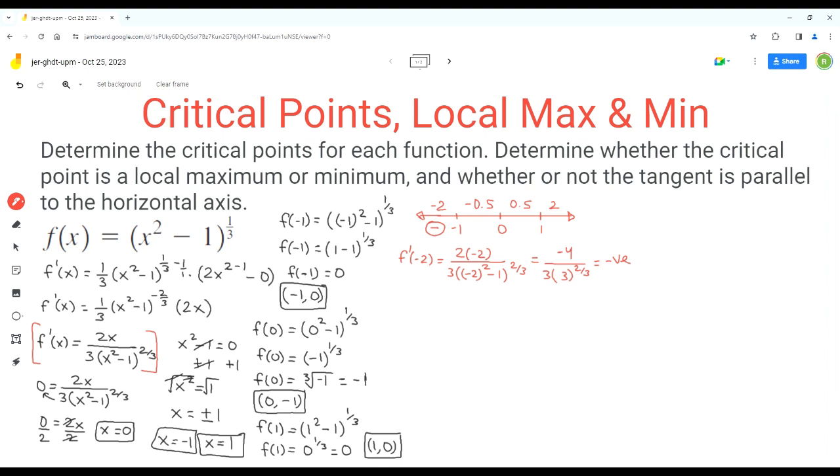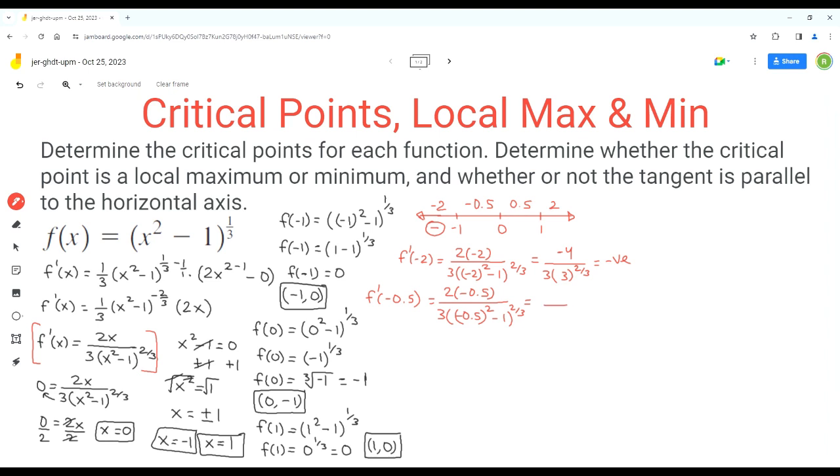Now we can do the check for the second test value. So prime of f at -0.5. So we get 2 times -0.5 over 3 parentheses -0.5 square minus 1 exponent 2 over 3.